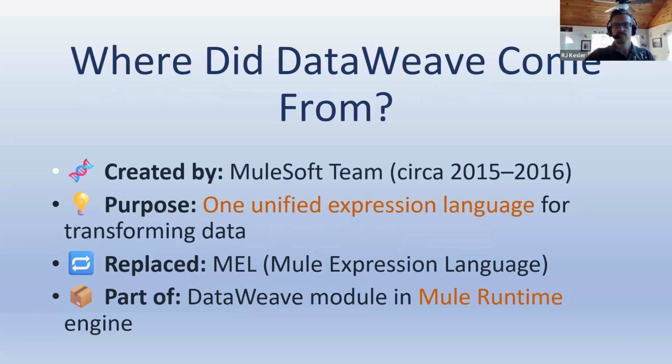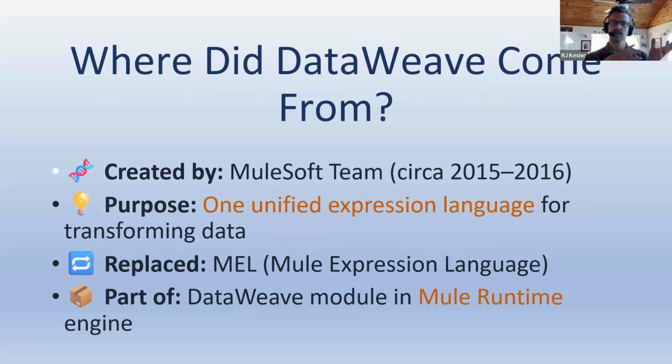MuleSoft, where DataWeave came from, realized that they needed to integrate different transformations when dealing with JSON and XML and CSV. They needed to integrate better. So MuleSoft had a team develop DataWeave around 2015, 2016. It took over and took the place of Mule Expression Language.